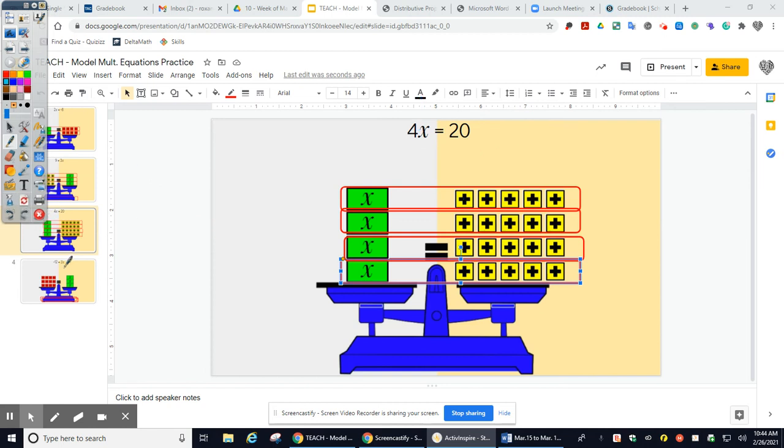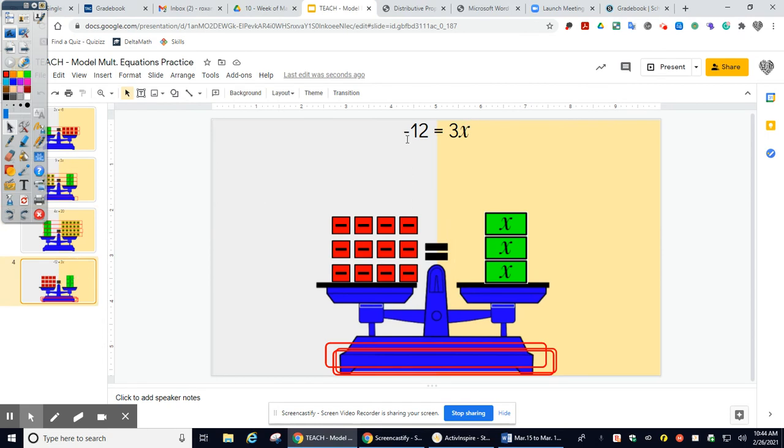So that's how we know we're doing it correctly: we can check it in our equation. All right, let's check one last one here. We have 12 negatives equals 3x, or we could say 3 times x. Remember, you can put that little floating dot in the middle to remind you what operation you're doing. So the opposite of multiplying by 3 is dividing by 3.